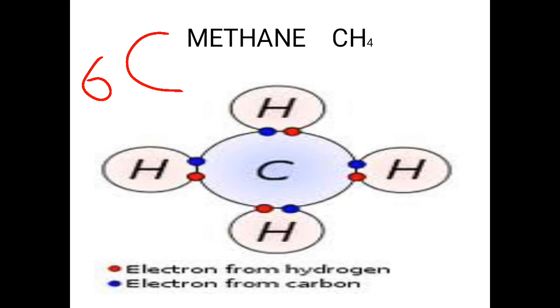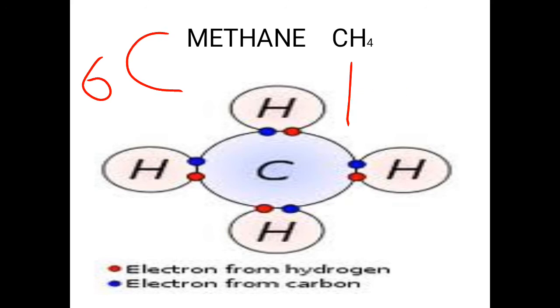So these 6 electrons are divided, in the first K shell 2, then the L shell has 4 electrons. Means the valence shell of carbon has 4 electrons. They are shown here with the blue balls. These blue dots are showing the 4 valence electrons of the carbon atom.